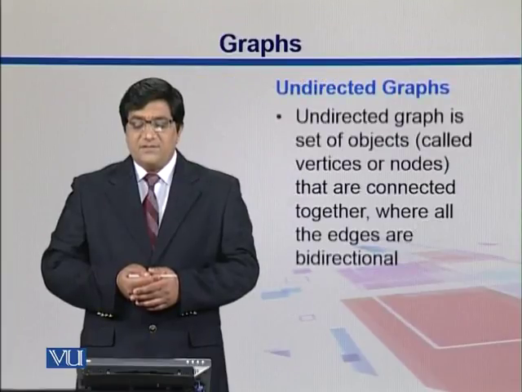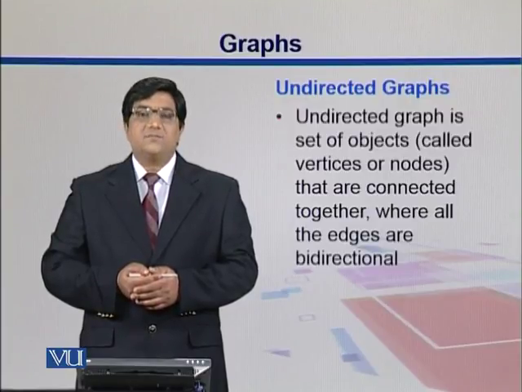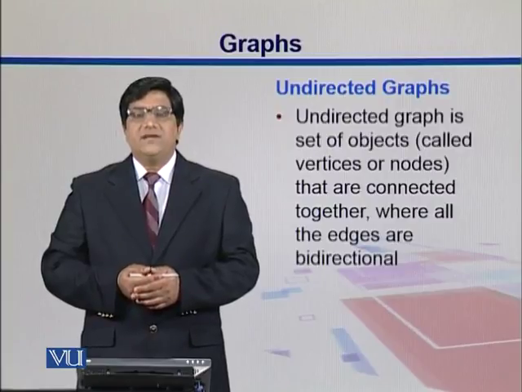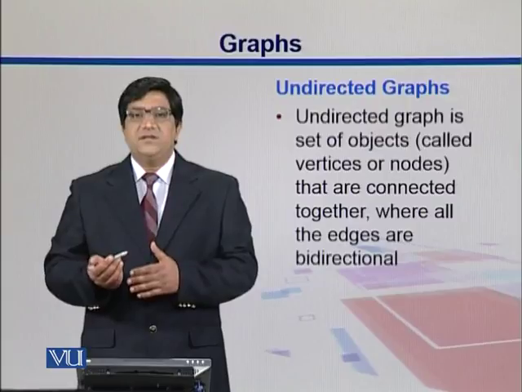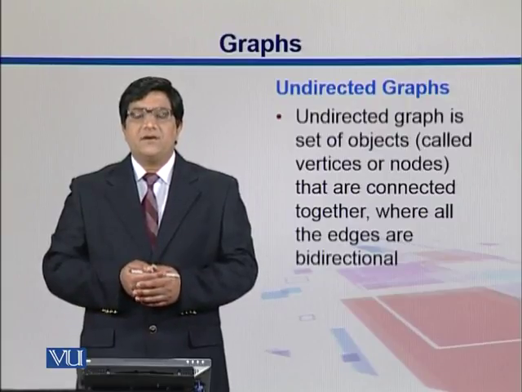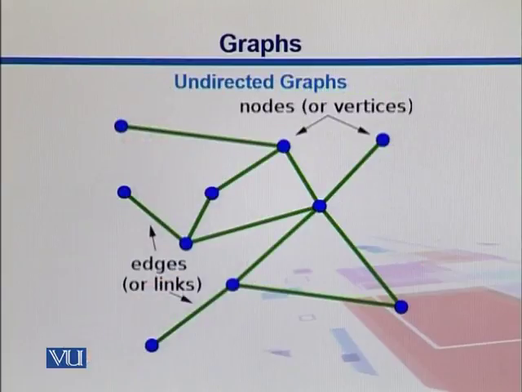An undirected graph is a set of objects called vertices or nodes that are connected together where all the edges are bidirectional. So we can say that there are no directions. Actually A can influence B and B can influence A. Sometimes we put directions on both sides, but in most cases we see these kinds of pictures, so we don't see those directions.